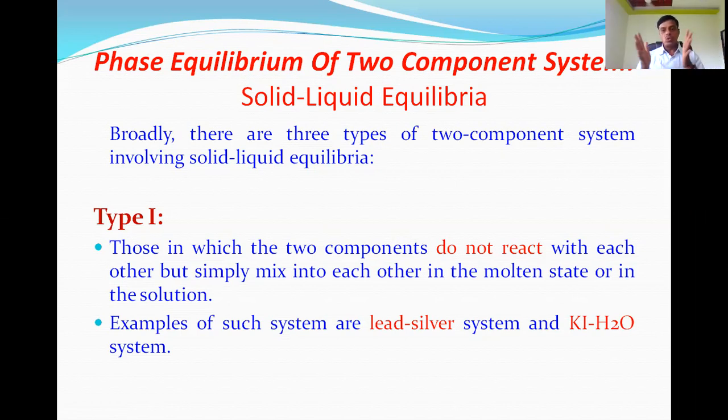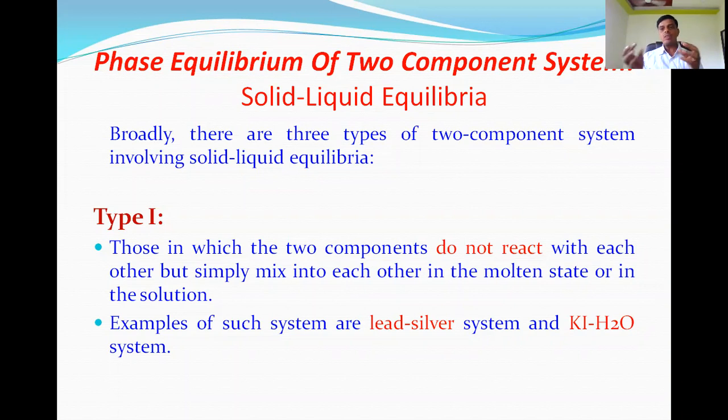When we mix these two substances or two components together, they may react with each other or may not react with each other, depending upon this fact. When the two separate compounds in pure form mix together, they may react with each other or they may not react with each other, as well as they may be miscible or they may not be miscible.